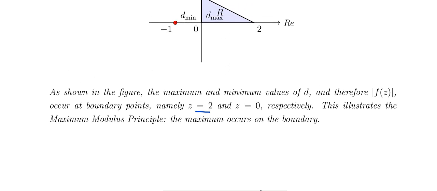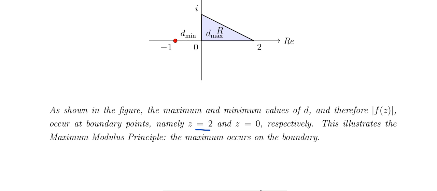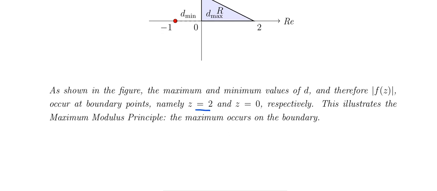Am I correct? The distance from z equal to -1 to z equal to 2 is the maximum value, and z equal to 0 என்றது the minimum value. So in this example, the maximum of the modulus occurs only on the boundary.